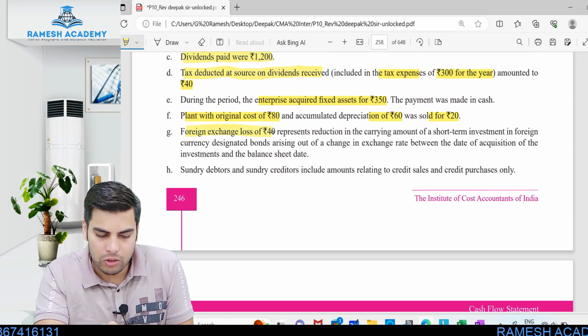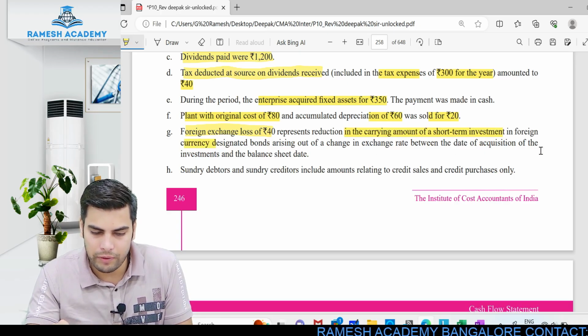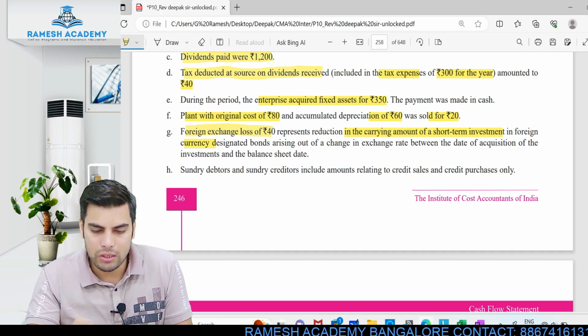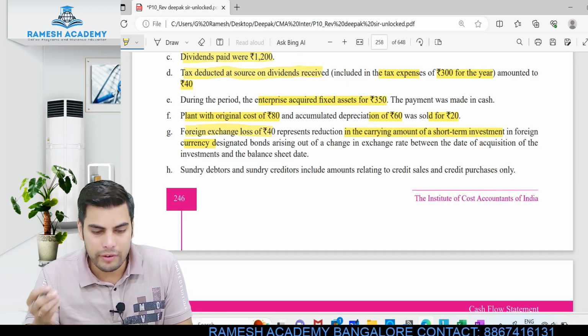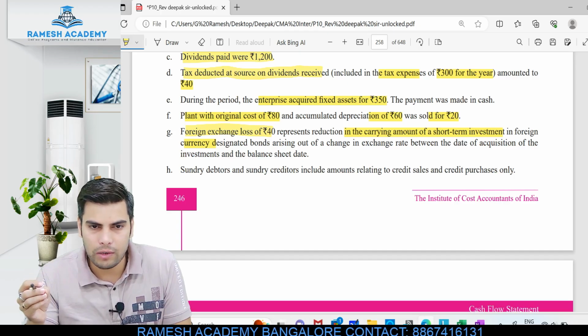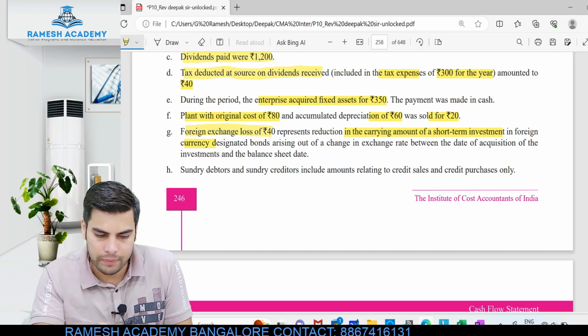Foreign exchange loss of 40 represents reduction in carrying amount of short-term investment in foreign currency designated bonds arising out of the change in the exchange rate between the date of acquisition of the investment and the balance sheet date. So this particular foreign exchange loss has been reduced from the carrying amount of short-term investment.